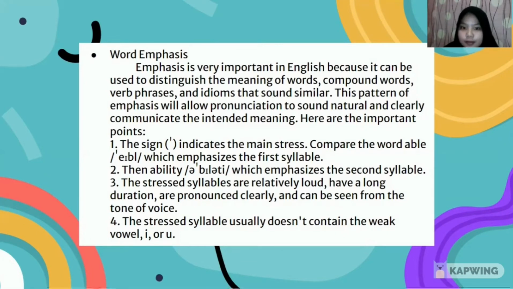The stressed syllables are relatively loud, have a long duration, are pronounced clearly, and can be seen from the tone of voice. 4. The stressed syllable usually doesn't contain the weak vowel I or U.